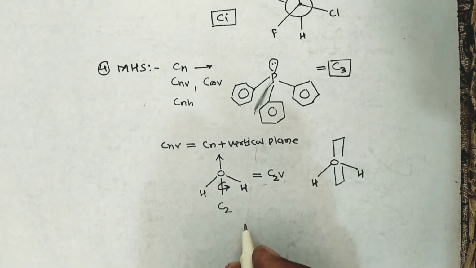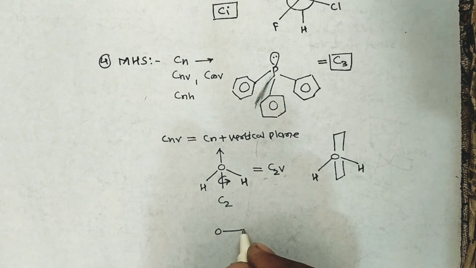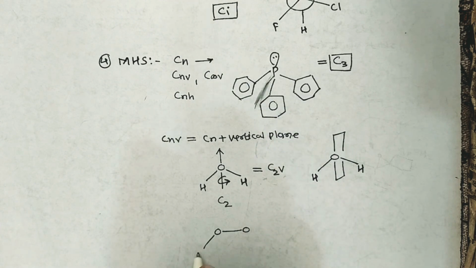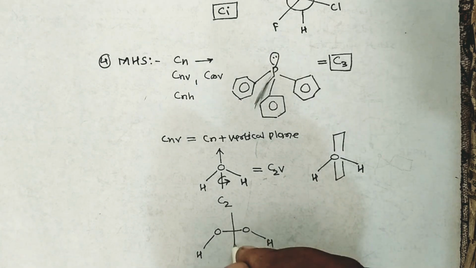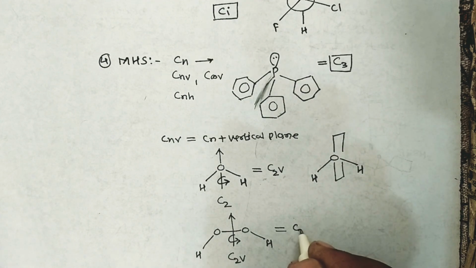Hydrogen peroxide, H2O2, also contains a C2 axis plus a vertical plane. Therefore it has point group C2v.